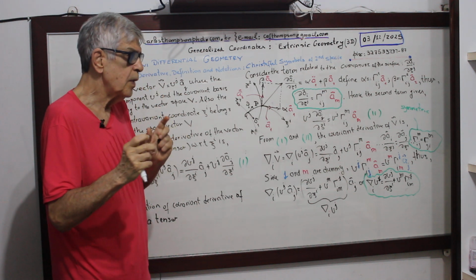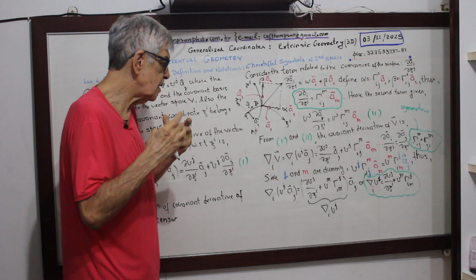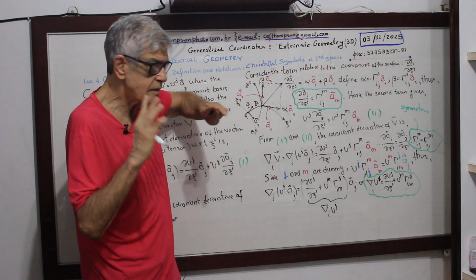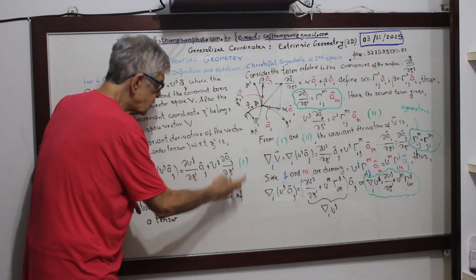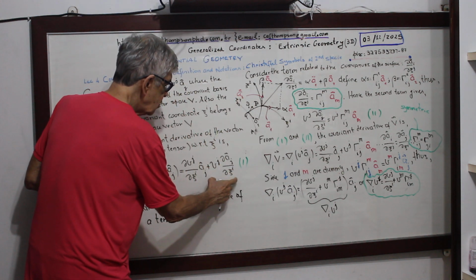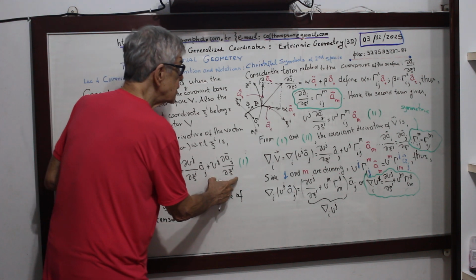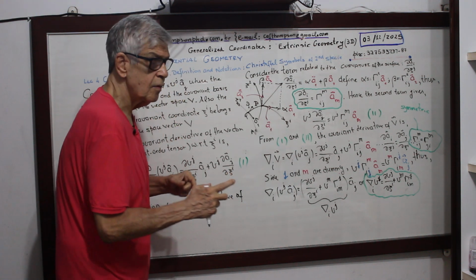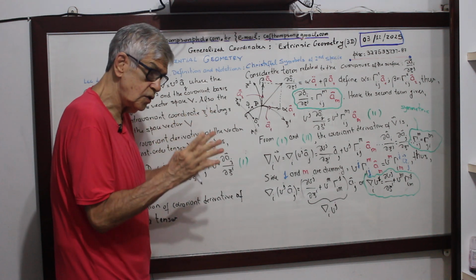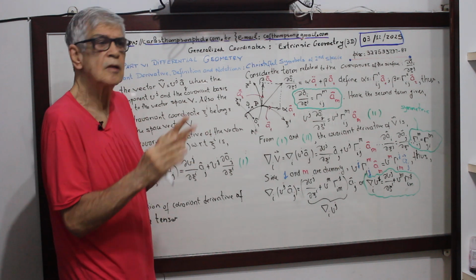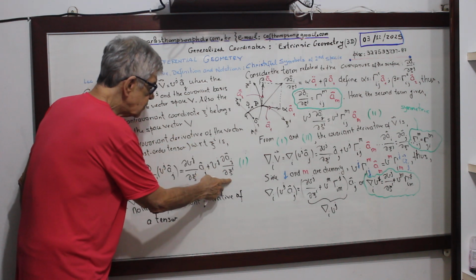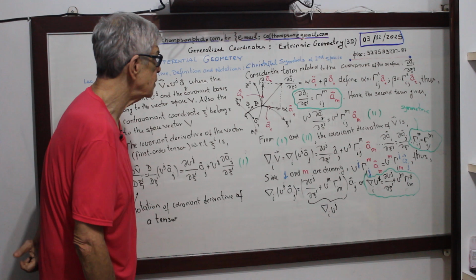So in Cartesian coordinates, this term here will be 0. That's important because this will be constant. Then consider only this term over here, which is responsible for the curvature. The basis vectors change when you change points. So that's why I have this term. It's very, very important.